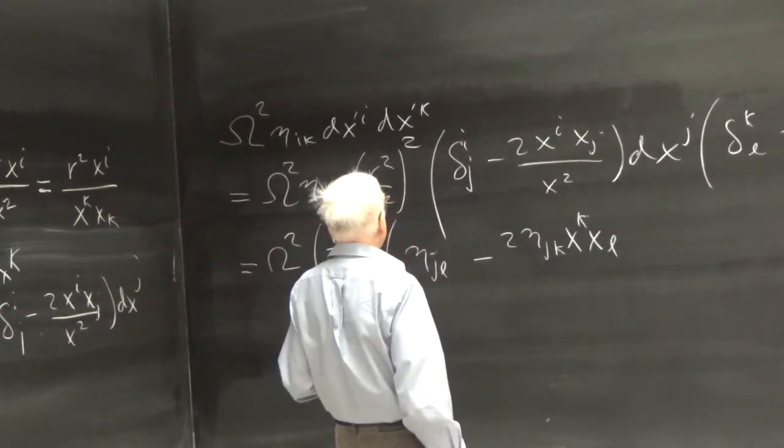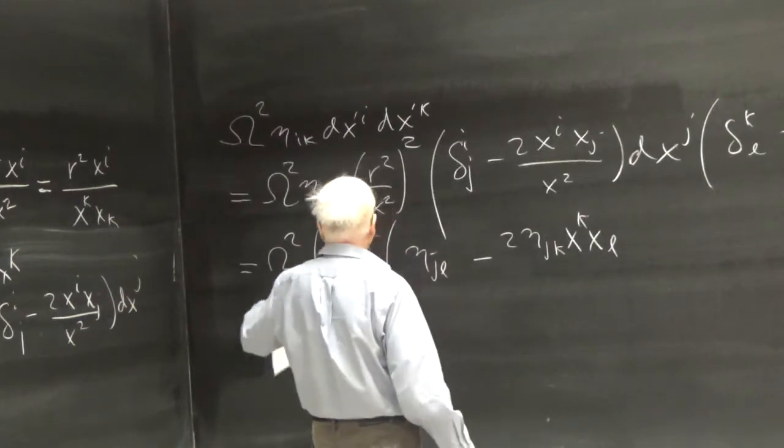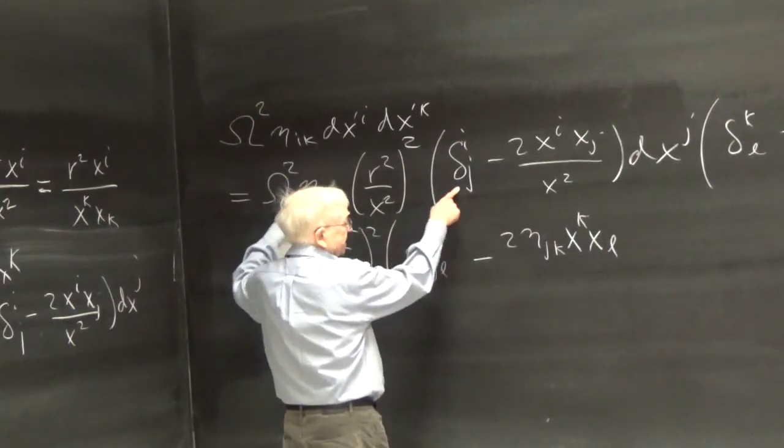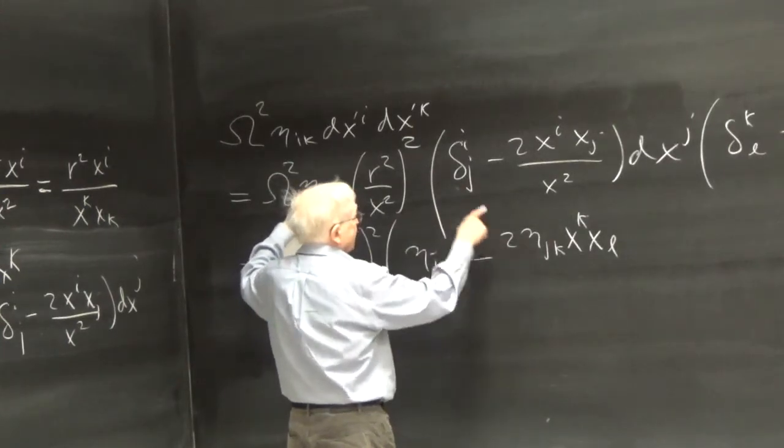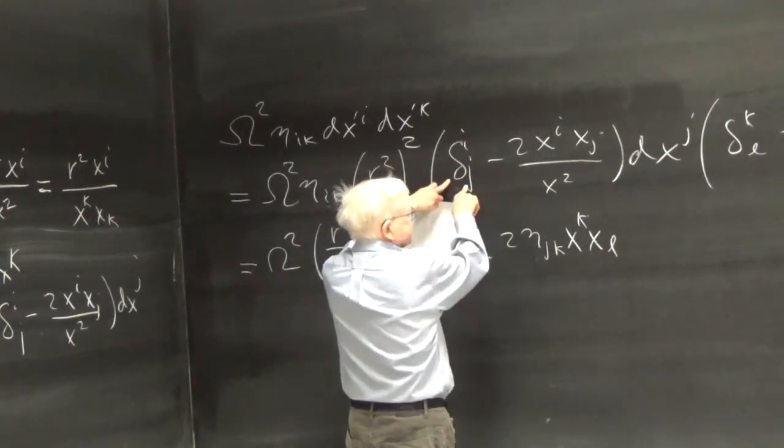So this one was this eta hitting this delta, so that turns the eta into eta_jk, and that's the delta.